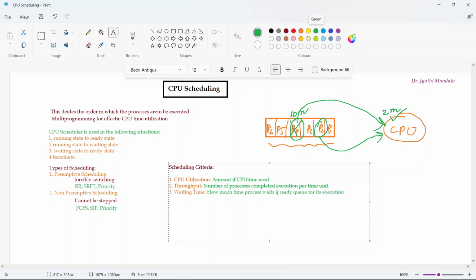Now, which algorithm is said to be the best if you are considering waiting time as the criteria? The algorithm that gives less waiting time is considered the best one, right? It should be minimum.